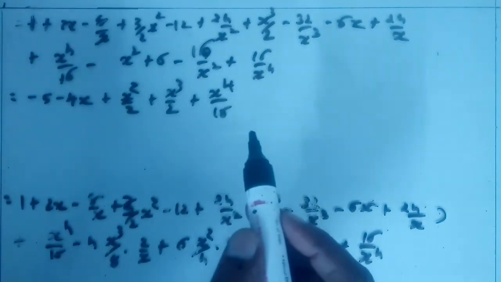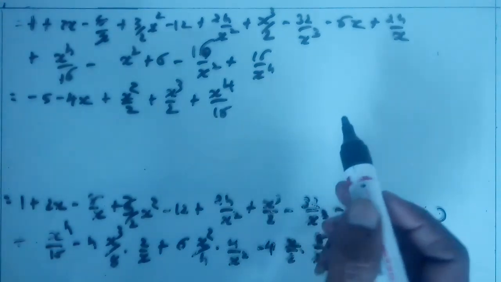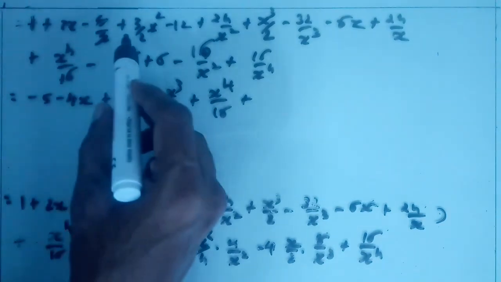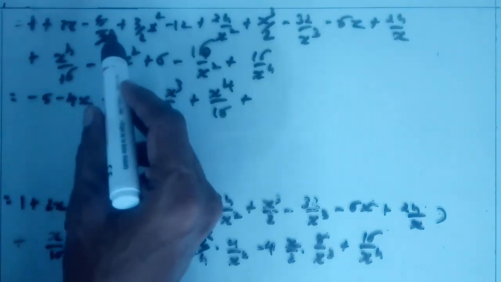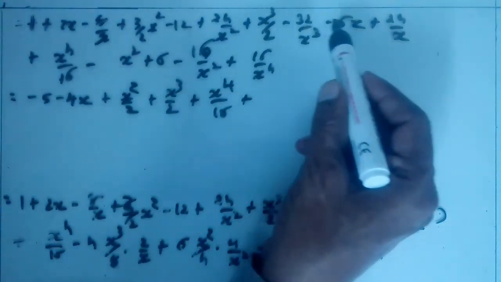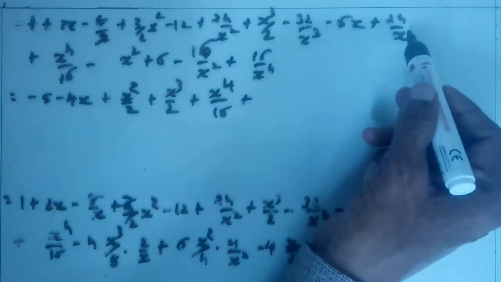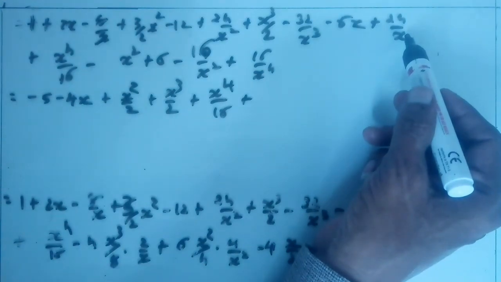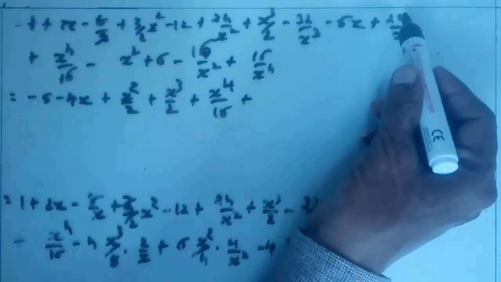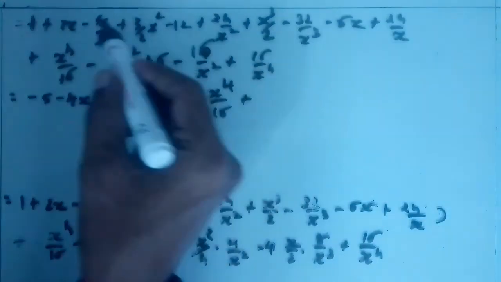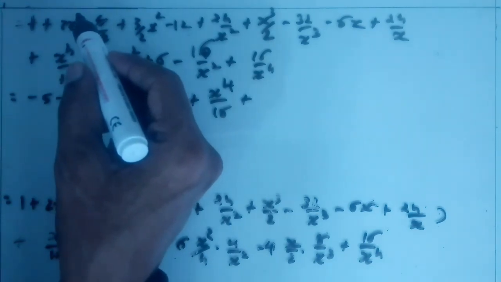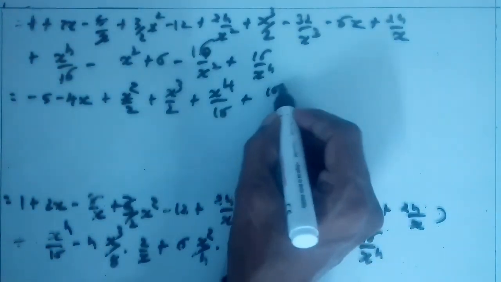Now term with 5 not given. Next here 1 upon x, term with 1 upon x: minus 8 upon x and next 24 upon x, then 16 here, 24 minus 8 becomes 16 upon x.